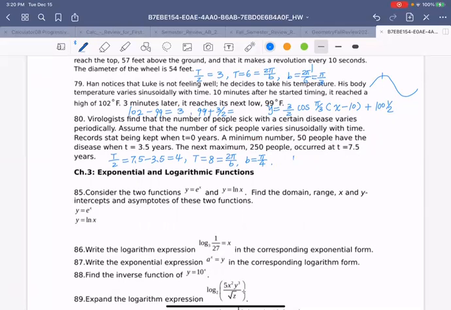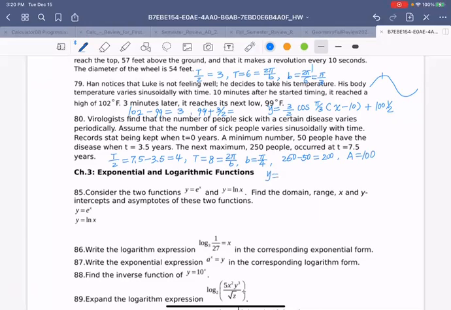So we can do y equals to, amplitude is how much? The amplitude is 250 minus 50 divided by 2, so it's 100. So A is 100.